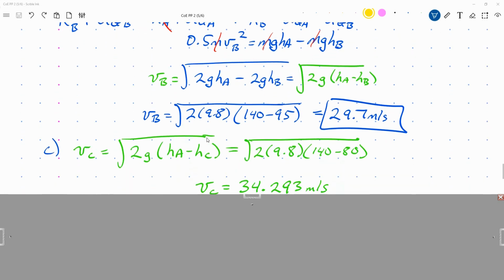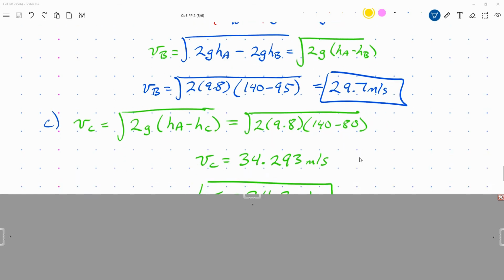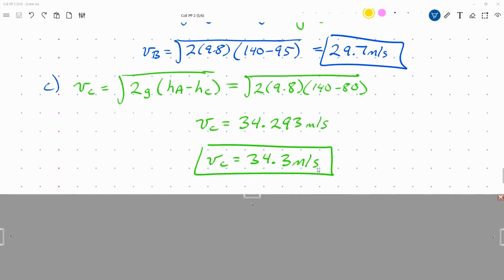So in this case, I couldn't resist myself. I said, you know what? If the speed at B, and this is where the coloring comes in, if the speed at B is equal to this expression, then honestly, the speed at C is going to be found in the exact same way. So there's that green kind of repetition here. I've only changed the subscripts B into the subscripts of C. So putting in my updated values there gets me an updated answer.